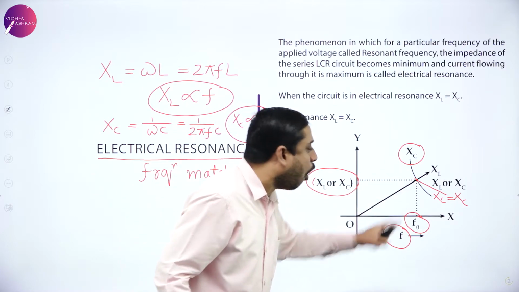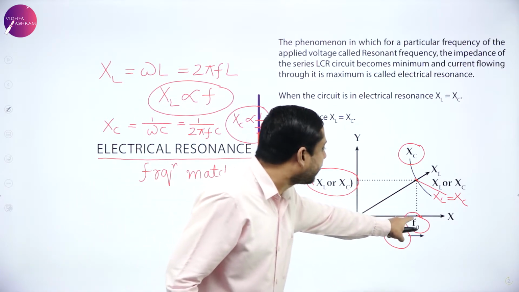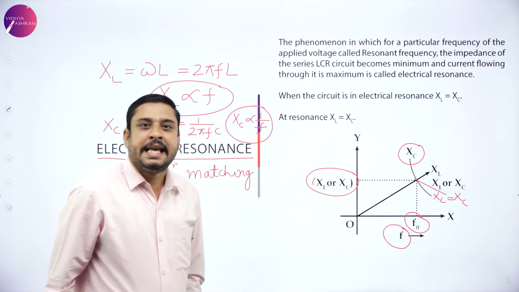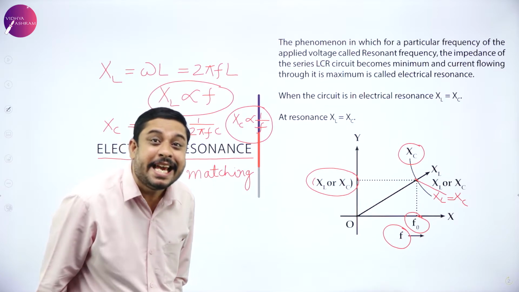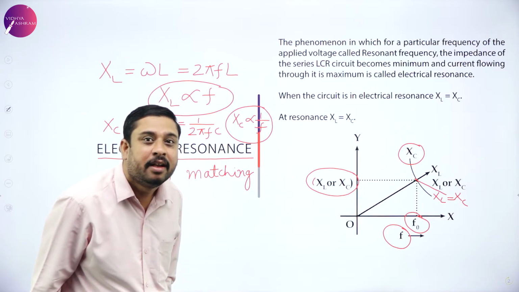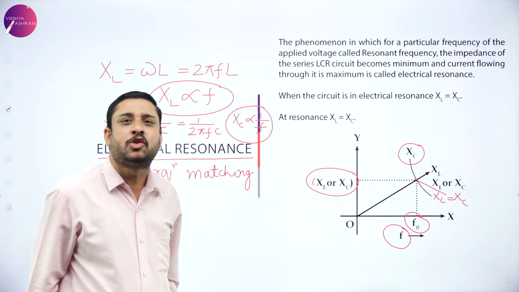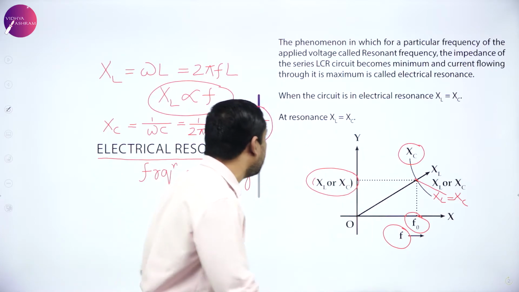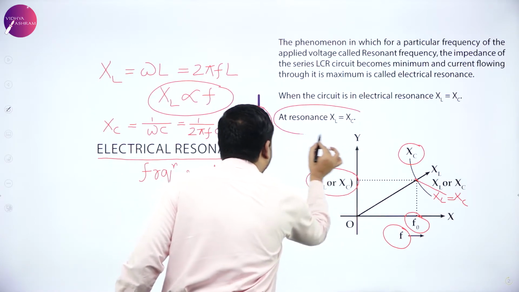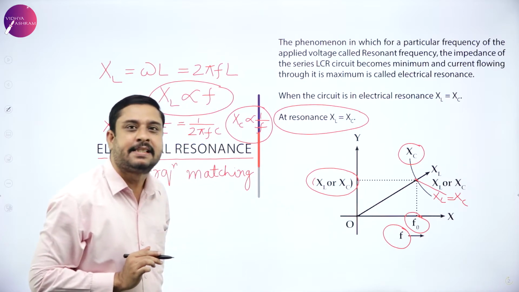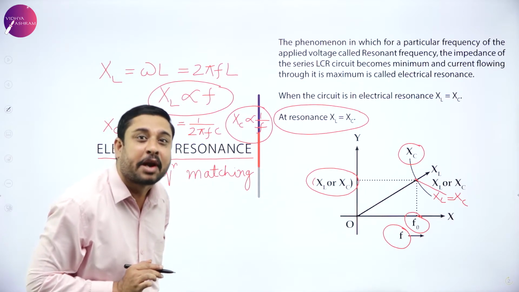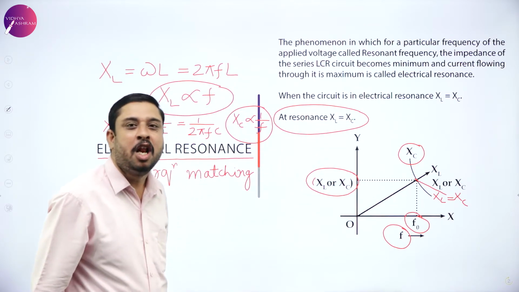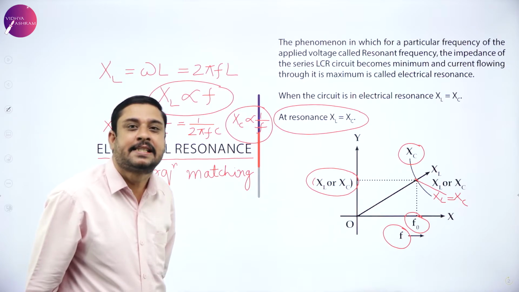So at this point, for a particular frequency f0, XL becomes equal to XC. And we say resonance is achieved. So at resonance, very clearly I am making a statement: XL should be equal to XC.